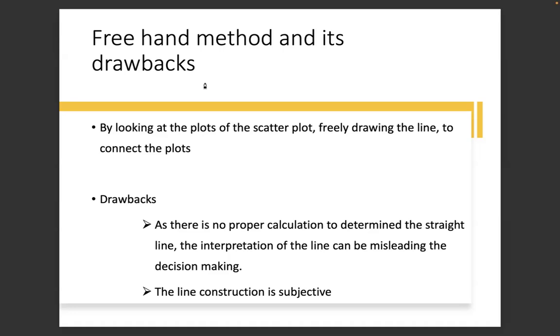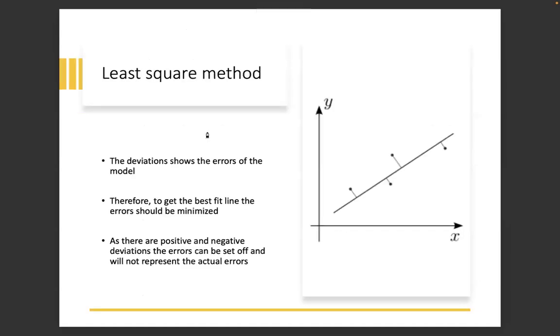The interpretation of the line can mislead decision making. So the line construction is subjective. That is the main drawback of this. So when it comes to the least square method, the deviations show the errors of the model. Therefore, to get the best fit line, the errors should be minimized.